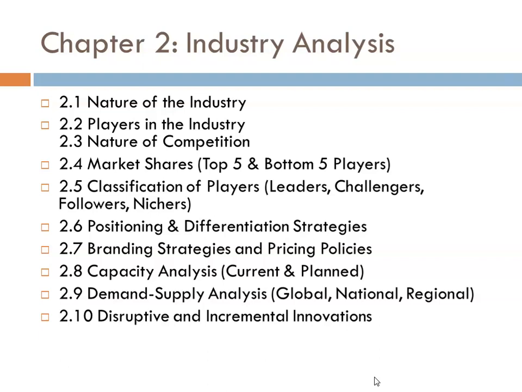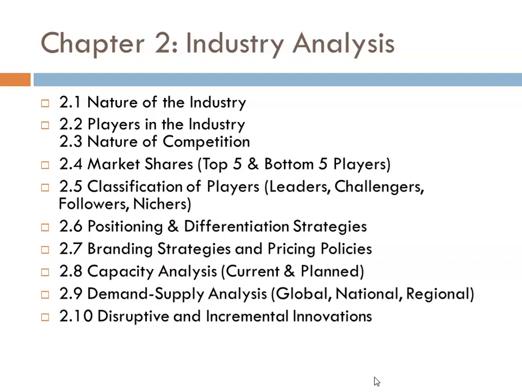Then 2.5, classification of players, like who are the market leaders, who are the market challengers, followers and nichers. Leaders are the dominating firms, like Tata in the automobile sector. Challengers are the companies who are overtaking the leaders, like Ola in e-vehicles.